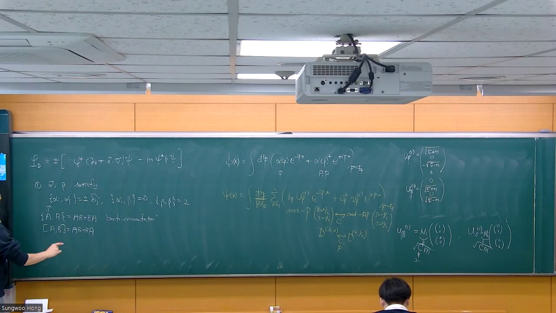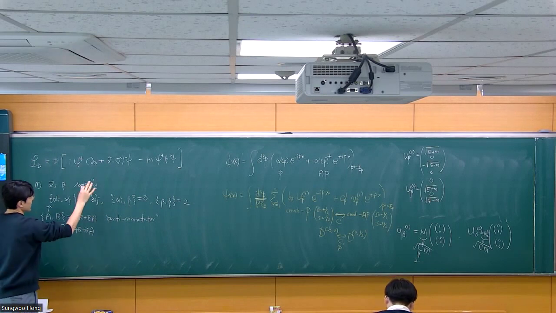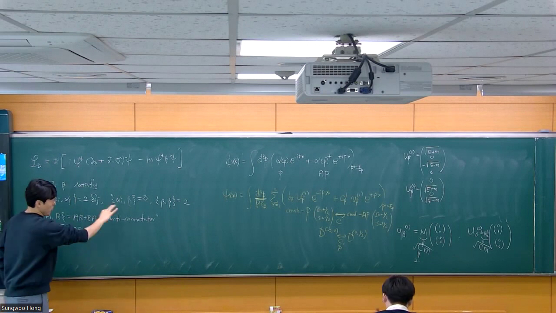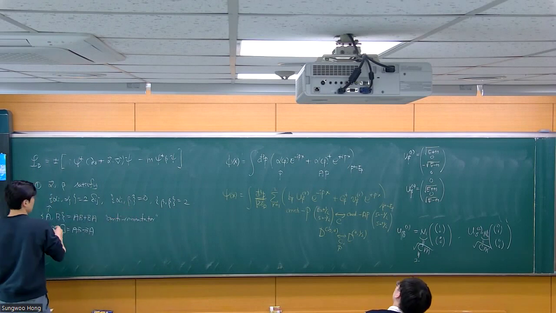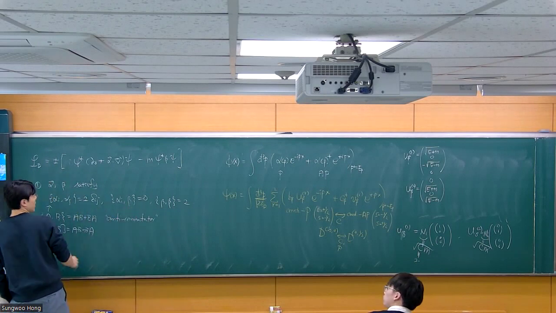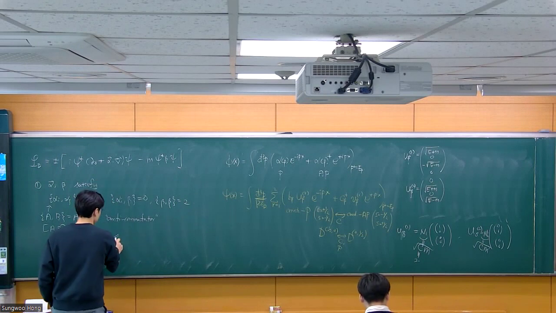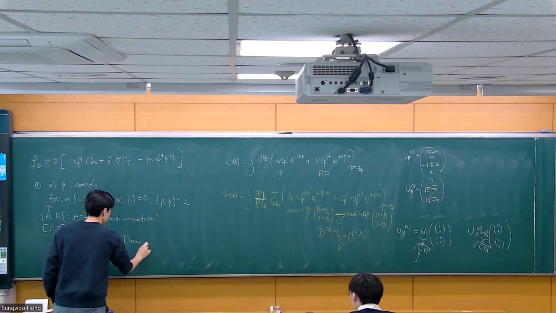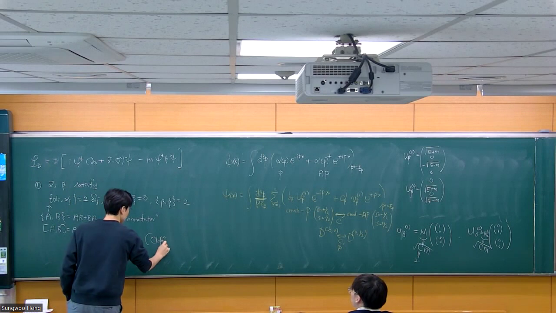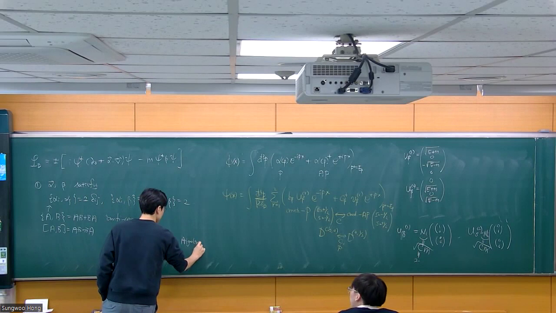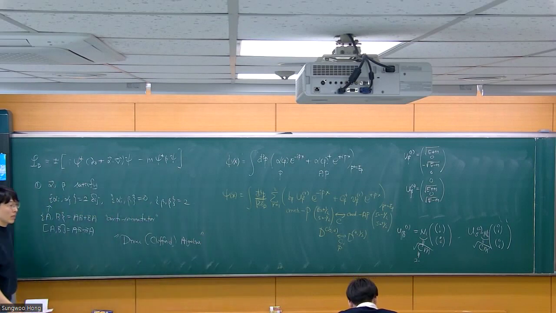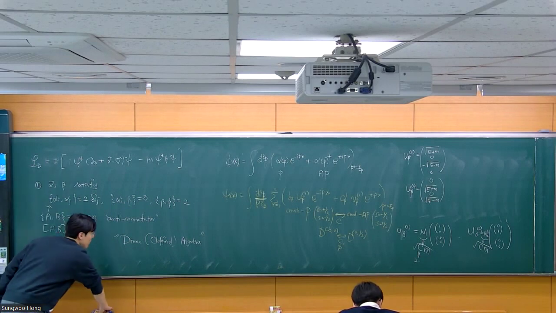So the statement number 1 is that we introduced the notation, and somehow that notation satisfies this interesting looking algebra. This algebra is called a Dirac or Clifford algebra. So far, an observation. Now my job is to turn this observation into something deeper.